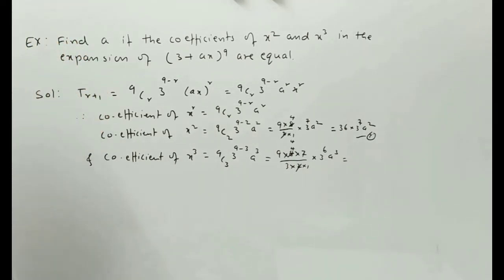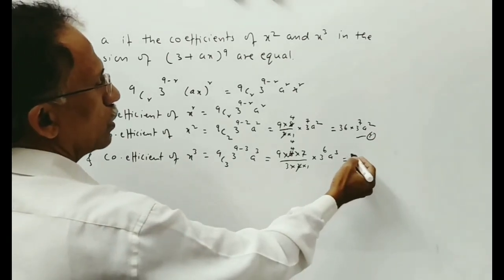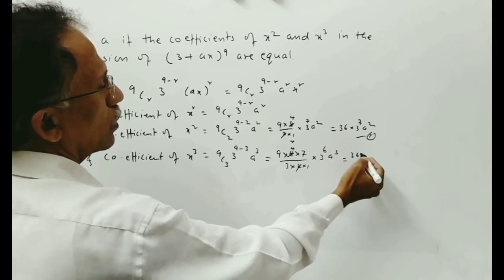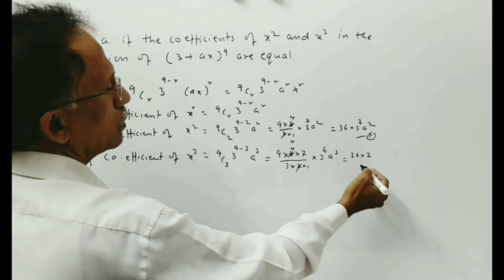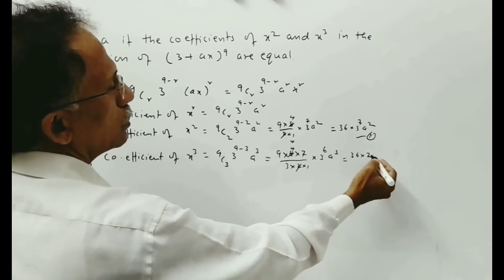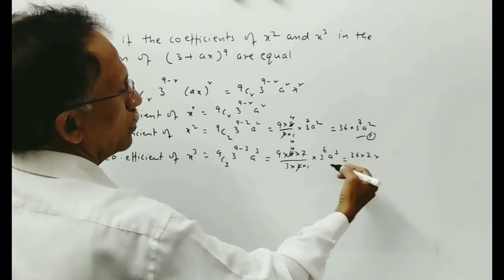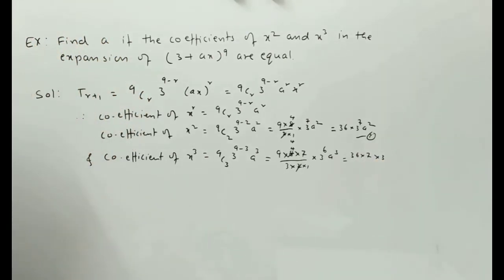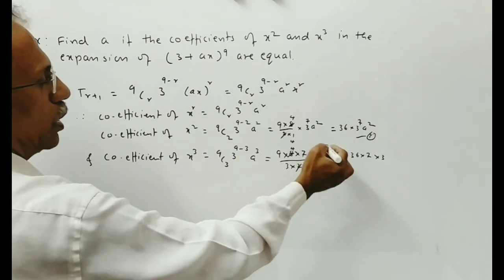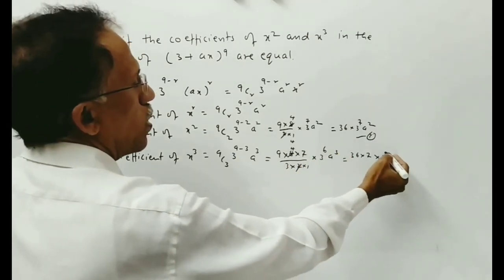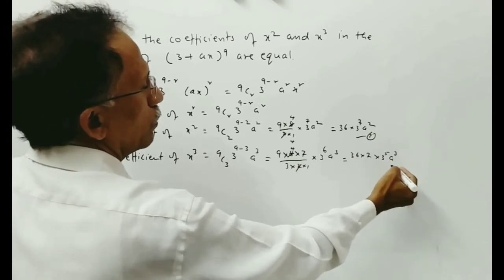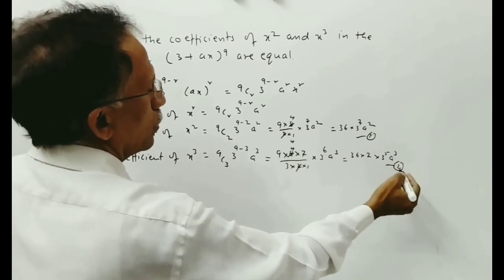This is equal to 36 into 7 into 3 raised to the power 6 minus 1, that is 5, into a cube. Say, number 2.